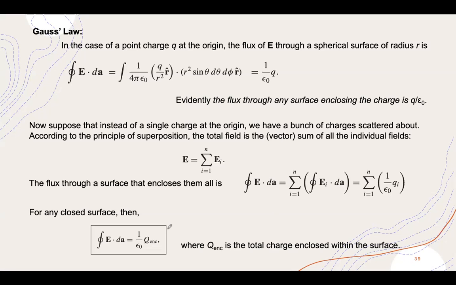So for a closed surface, we can say that the flux is in general defined as Q enclosed divided by epsilon naught. This is the same definition we used for the single charge. Once you have multiple discrete charges, we can just sum all the charges, Q1 plus Q2 plus Q3, etc., divided by epsilon naught, which we represent as Q enclosed or QENC.